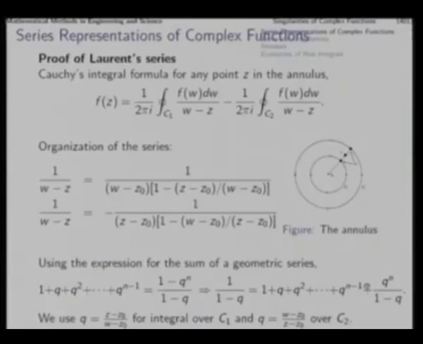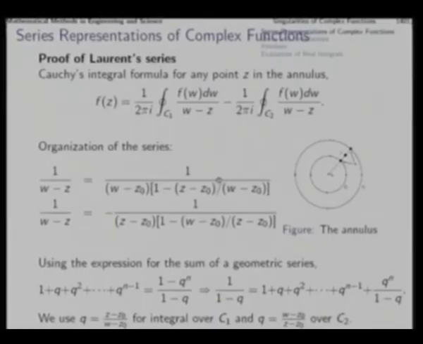So, for the integral over C1 we use q as this ratio, and we use this expression for 1 by w minus z, and for the integral over C2 we use this as q, that is this ratio, and use this expression to put here. Okay. As we do that, we get this 1 minus z expanding from here, 1 by w minus z0 remains, and this 1 minus q to the power minus 1.